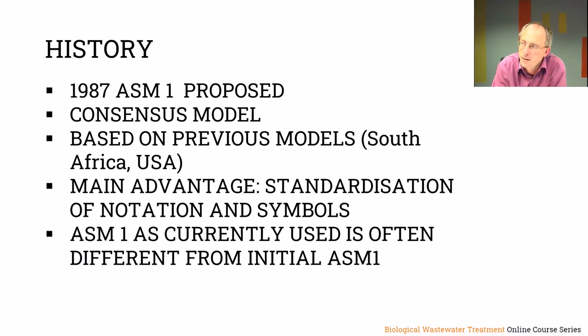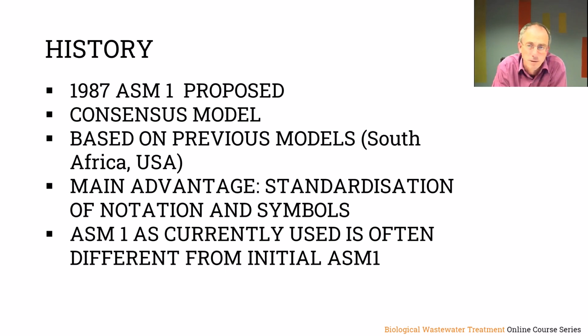So if you look in ASM1, there are certain aspects which are based on the fact that some people had their own way of dealing with things. That's a consensus model. It's maybe not the best model, but it's a model where everybody could agree on as being, well, here we can all work with, this all fulfills what we think is going on in a wastewater treatment plant.